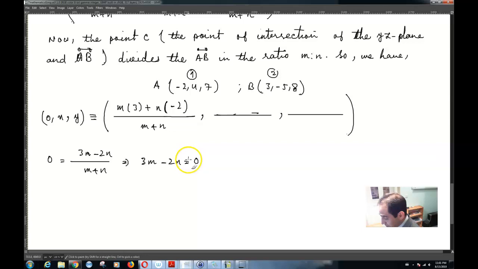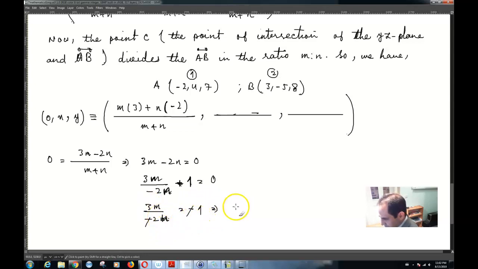Which means that, dividing by negative 2n, you will get 3m over negative 2n plus 1 is equal to 0. This is negative 2n actually. So that means that 3m by negative 2n is equal to negative 1.